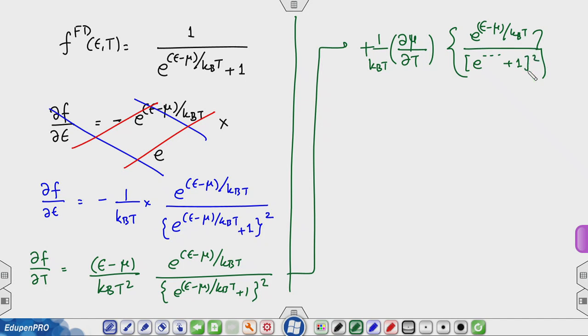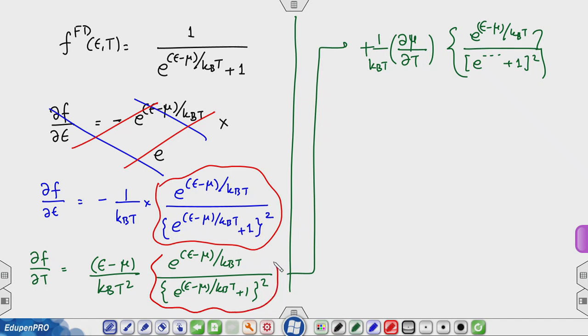So there are two terms in this. What I want to focus on for the time being is this exponential term, which is common here.